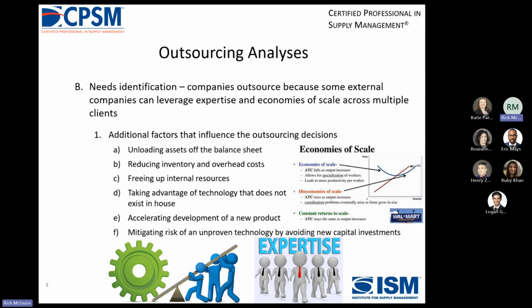Additional factors that influence the outsourcing decision: unloading assets off the balance sheet, reducing inventory overhead costs, freeing up internal resources, taking advantage of technology, accelerating development. So you see a lot of software companies are big into outsource. I mean, some of these software companies will outsource their entire purchasing department. That's kind of where they come from.